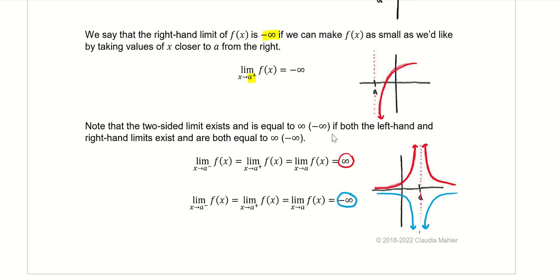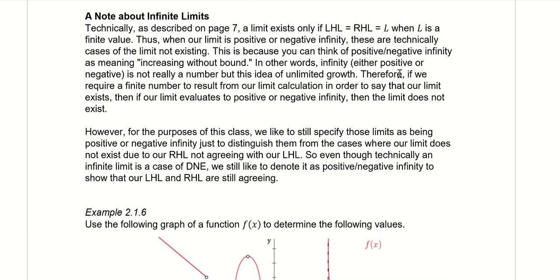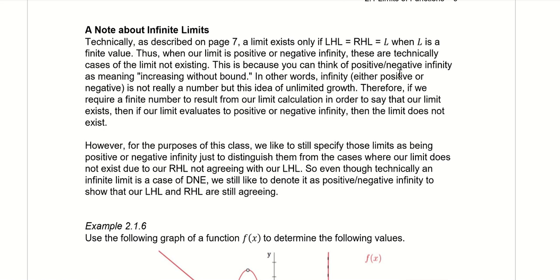Now, again, we're not really doing any calculations in this set of notes. Those will come later. So we'll see this in a graph in just a second. But I do want to mention one quick thing here, just because this is sometimes something that disagrees with other textbooks or maybe other ways that people have been taught. And I just have this note on here so that we're consistent within this class in terms of how we're stating limits.